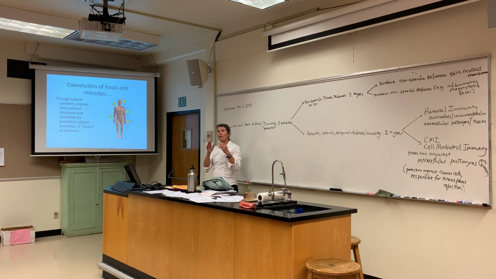So there were genetic variants in the human population a long time ago, as today. Those humans that had the right genetic information to protect themselves against the microbes survived, had offspring, and passed those genes on. So we're so lucky. We are the recipients of all those genes that provide protection against microbes.